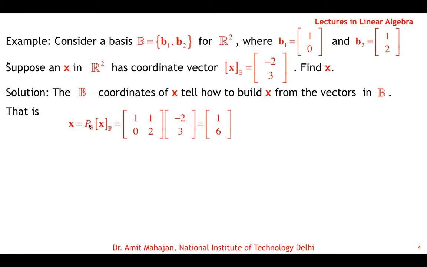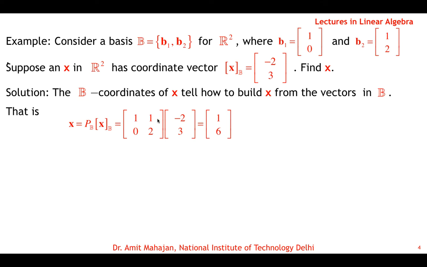So P_B is the matrix of the basis vectors, which are (1, 0) and (1, 2), and the corresponding B-coordinate of x means the weights are given, (-2, 3). So we can multiply these two matrices to find the x vector. The location of the x vector is (1, 6) in R2 space.